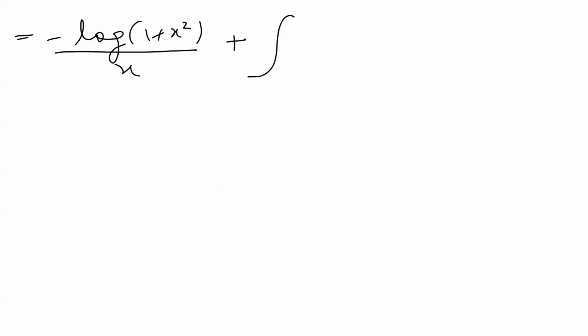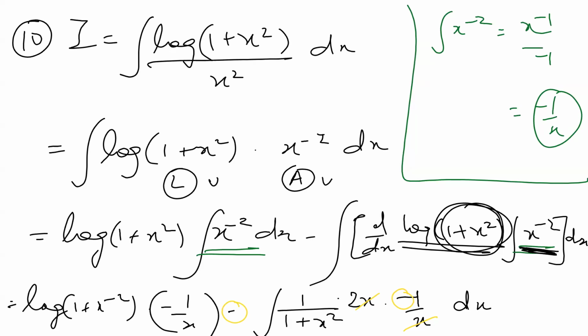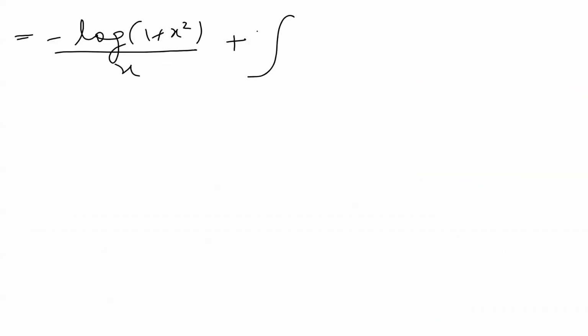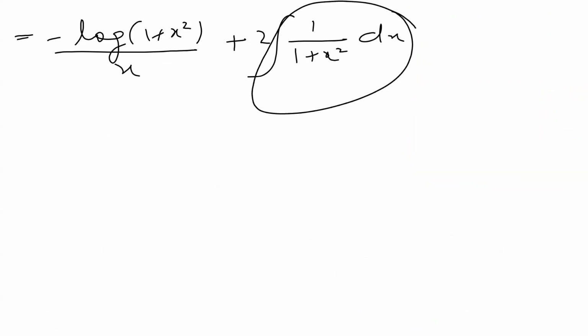So minus log 1 plus x square upon x plus integration. We are left with 2 over here. Minus minus became plus. 2 outside, 1 upon 1 plus x square. Now this is a direct formula. This is tan inverse x that you can substitute, plus c.